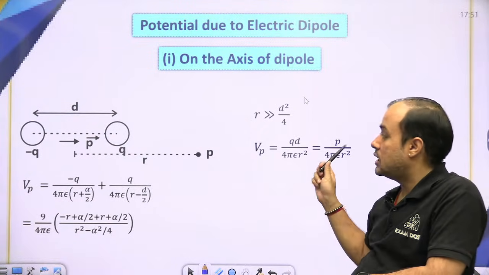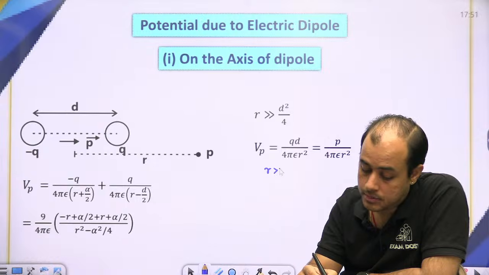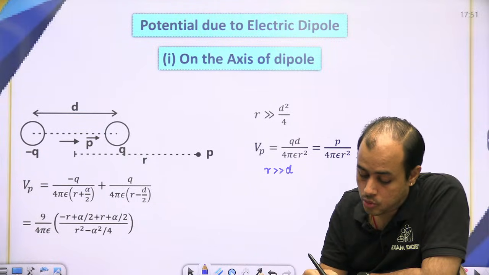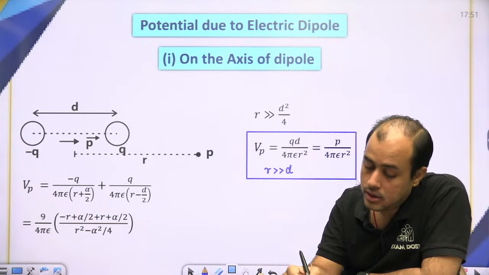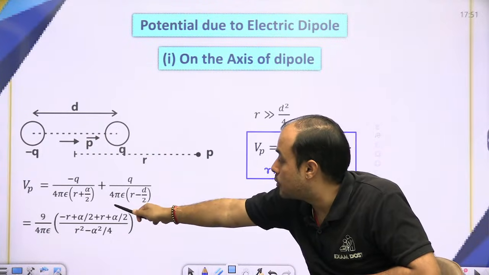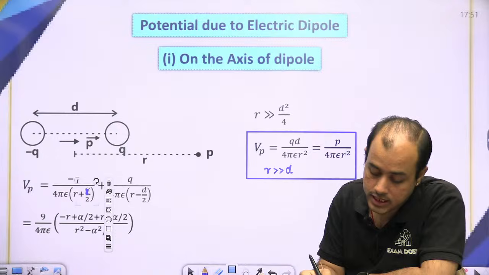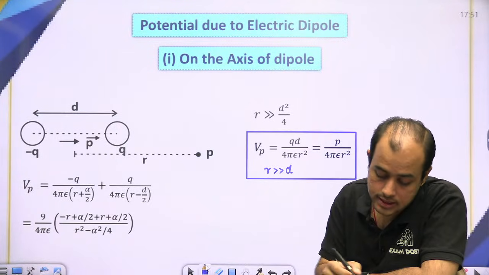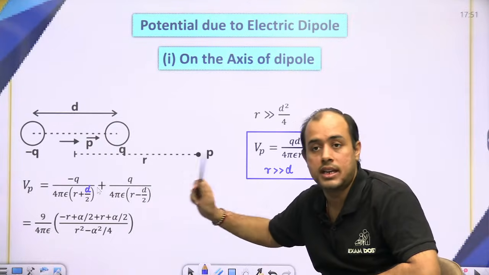So the potential on the axis at a distance r, where r is much greater than length of dipole, is P/4πε r square. So even if you forget, beta, it is very easy. Find the potential due to each charge, and then just add them. One will be negative, other will be positive.